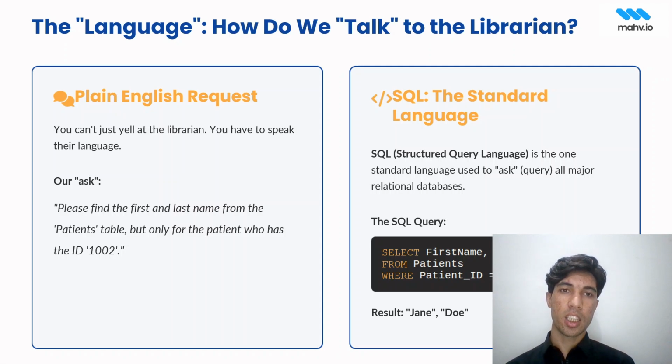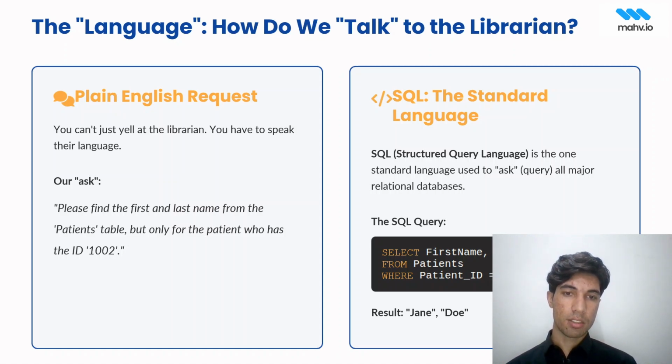So there is a language that it understands, and it's called SQL, the standard language for relational database management systems. SQL stands for Structured Query Language, which is to ask the relational database management system to do some task.